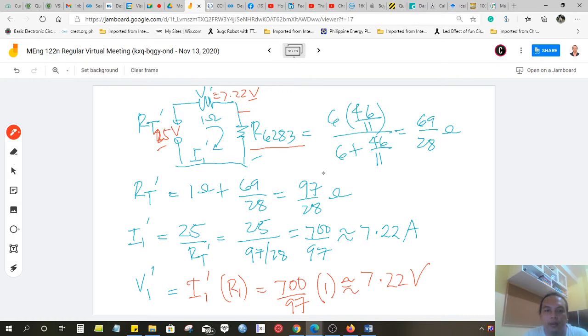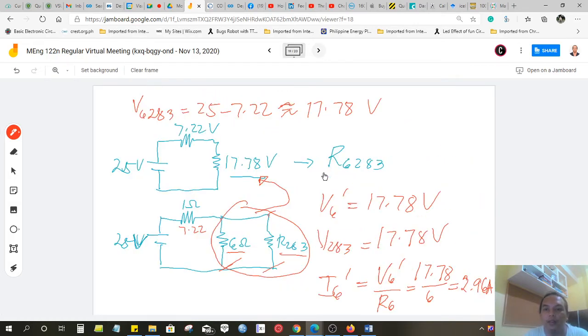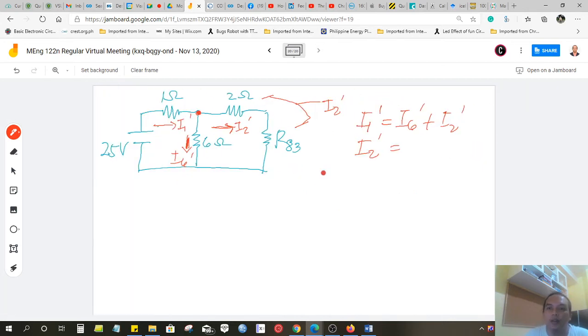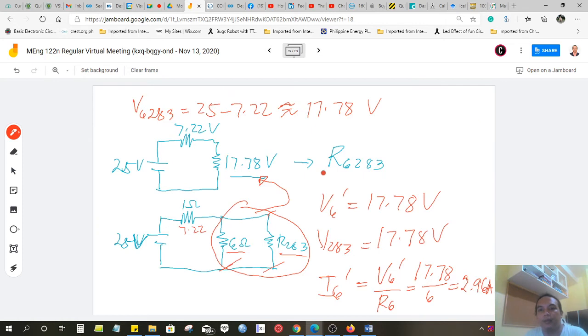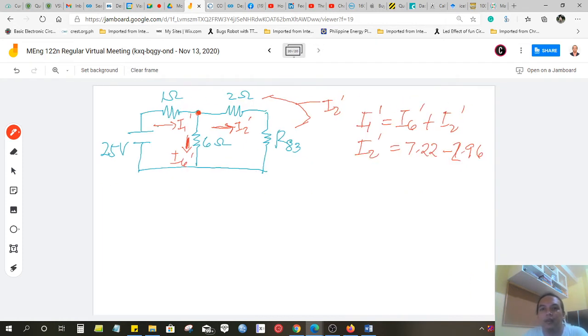I1 is 7.22, I6 is 2.96, so 7.22 minus 2.96. Okay? So what is I2 prime?